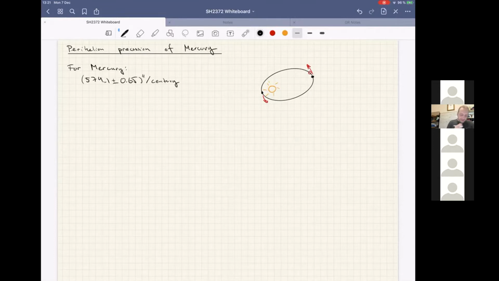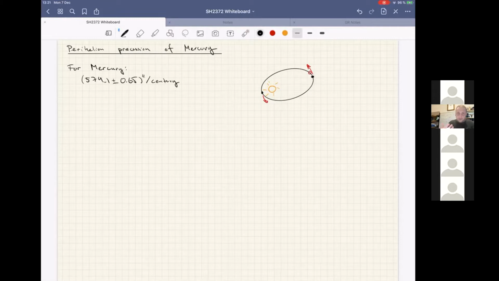And of course, in reality, we don't have this two-body system. We have other things too influencing the orbit of Mercury. But if you just look at the Newtonian effects, such as the gravitational pull of other planets, and the fact that the sun is not really a spherically symmetric object, it has some oblateness to it, which makes the potential differ from the Newtonian point potential.